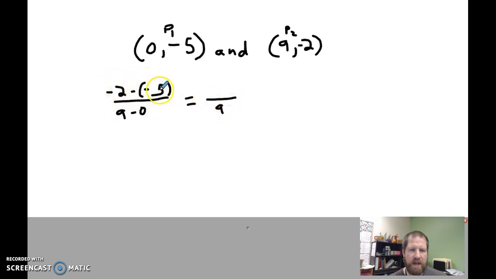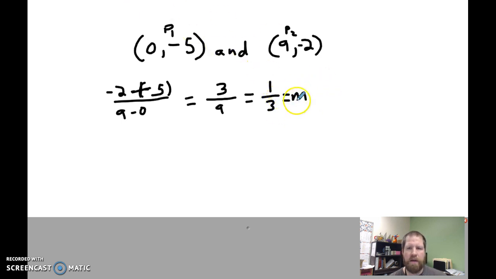Negative 2 minus a negative 5, well, those negatives will cancel and turn into a positive. So I have a negative 2 plus 5, which is going to give me a positive 3. 3 over 9 simplifies. Divide both by 3, and I get 1 over 3, or a slope of 1/3. So this is equal to m.